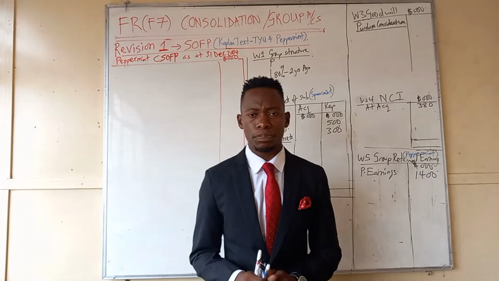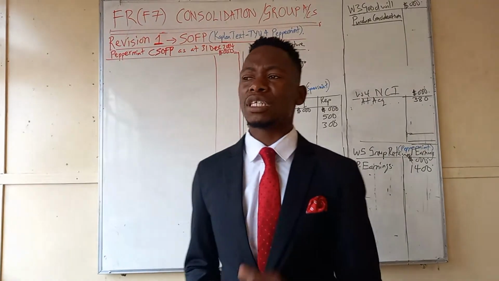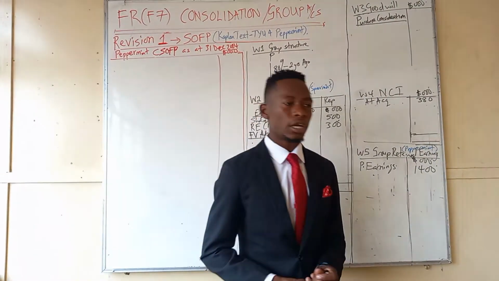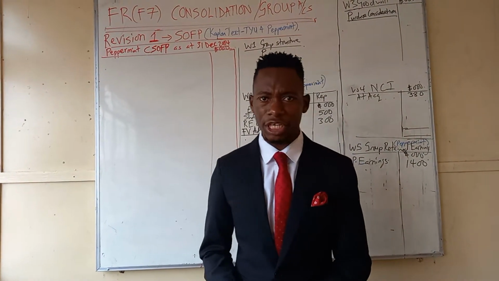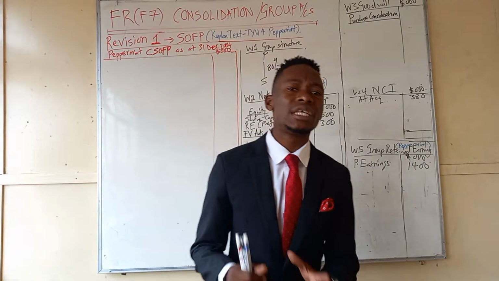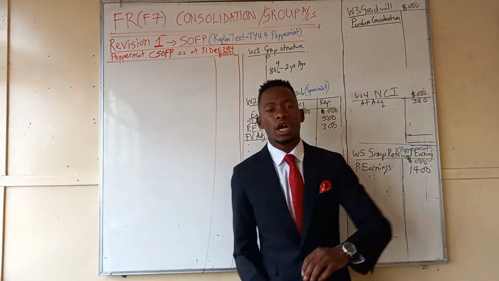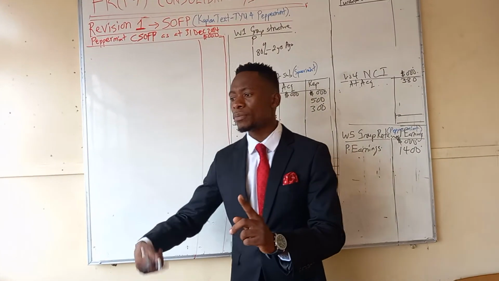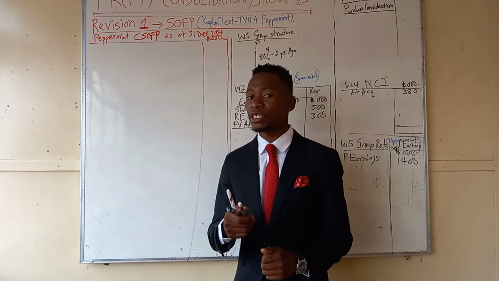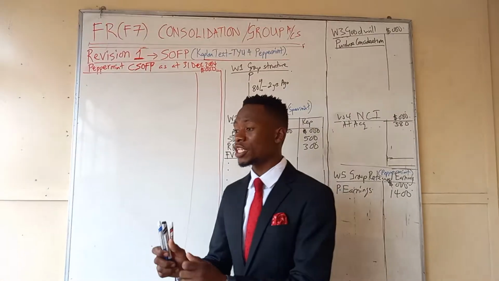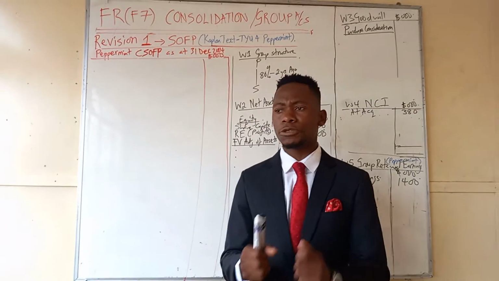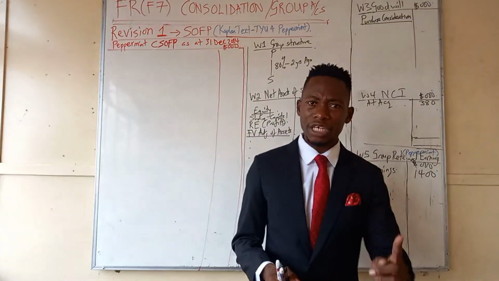Writing is about speed, it's about time, because I've discovered that most people might spend even an hour doing consolidation. Imagine your exam is 3 hours and you are spending 1 hour on a 20-mark question. Yes, we know that consolidation is important and demanding, but you can't spend an hour on a 20-mark question.